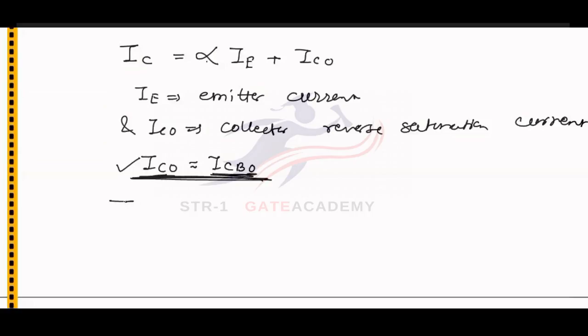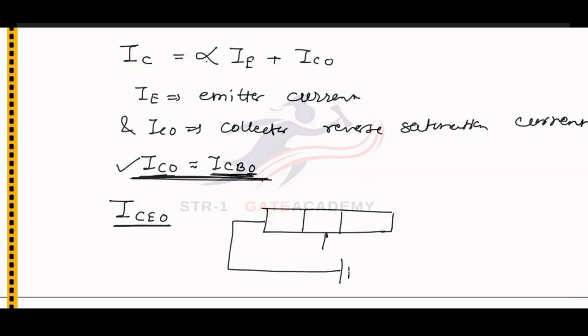We will define one more saturation current, that is ICEO. This is the current in BJT when base terminal is kept open and the collector and emitter terminals are biased. In this case, the current flowing in the BJT is called ICEO.